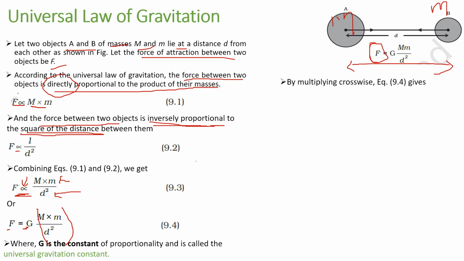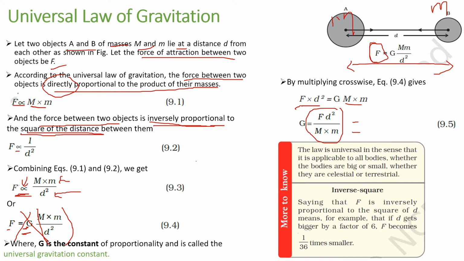We can also derive the equation for G. Cross multiply: F into d square is equal to G into M into m, so G is equal to F d square by M into m, and this is some constant number. We'll talk about the exact number later.